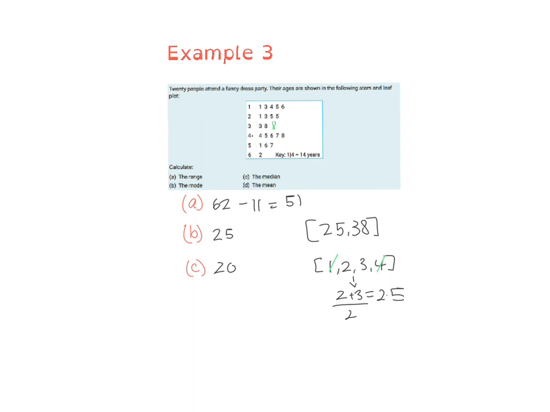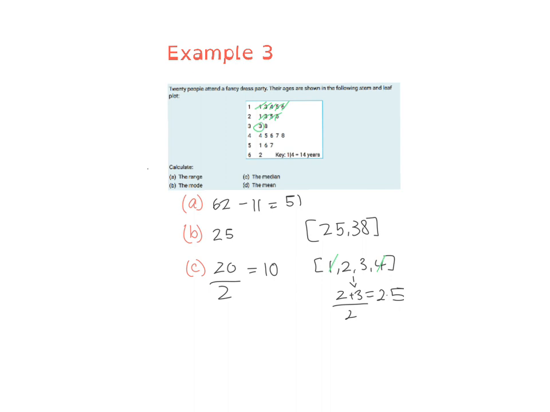So for this one, I'm going to do the same as the previous one. I'm going to say it's 20, and I'm going to divide by 2. So that means I go out to the 10th value. What about this A here? So I'll start crossing those. I'm going to go to the 10th value. So 1, 2, 3, 4, 5, 6, 7, 8, 9, 10.